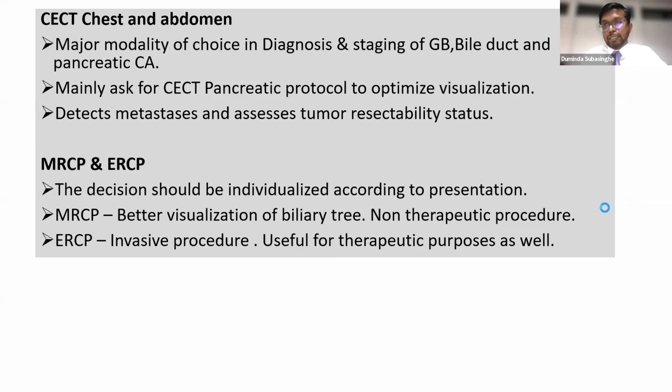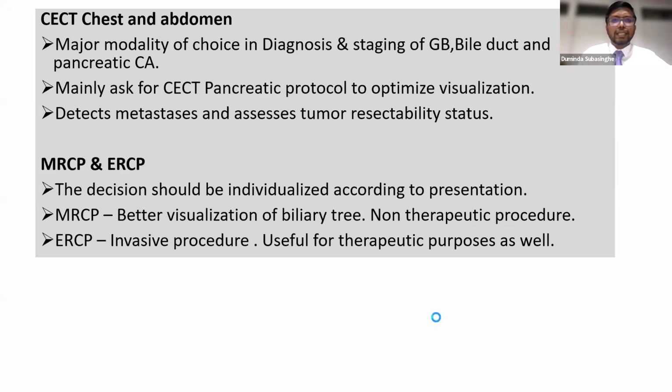And if you are suspecting malignancy, to find out the level of obstruction, that is where your MRCP will come, the magnetic resonance cholangiopancreatography. And if you are suspecting a malignancy, to assess the staging. So always we should have a rational plan when we request investigations, because investigations are costly, and we should not investigate without any rational plan.